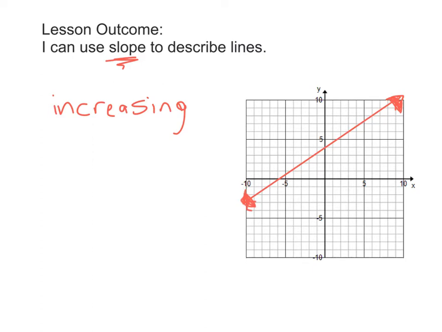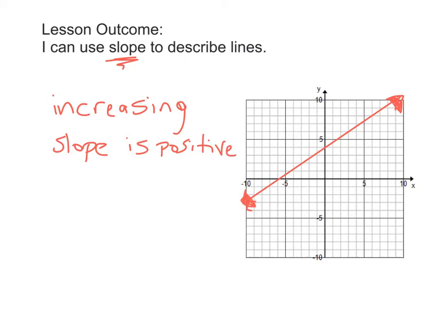The line is increasing. When a line is increasing, the slope is positive. Okay, the slope is positive if the graph is increasing. In a minute we'll talk about when a graph is decreasing.